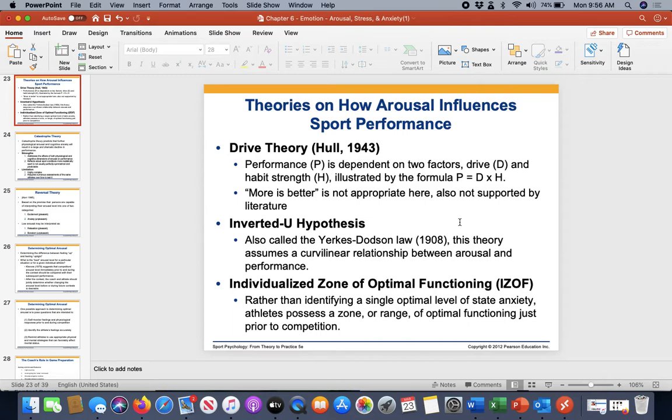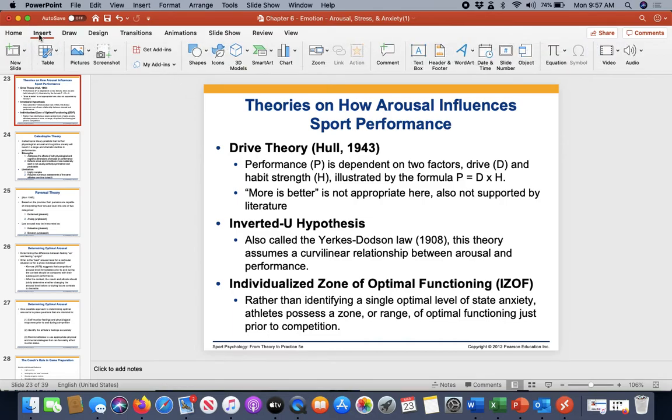On the left side of the inverted U, you basically have a low sense of arousal.